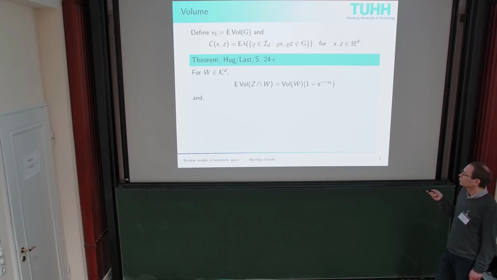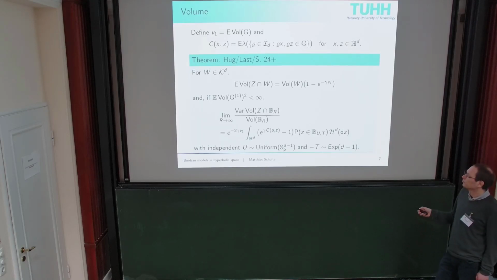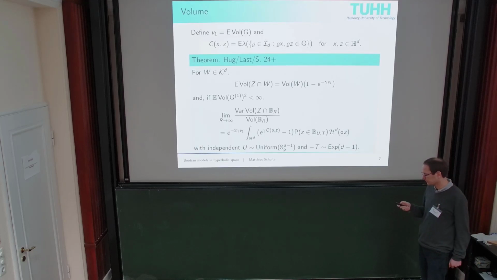So now let us move on to variances. And what we do here is that from now on, our observation window is always a ball of radius r. So we take the volume of the intersection of the Boolean model with the ball of radius r, take the variance and rescale here by the volume of the observation window.